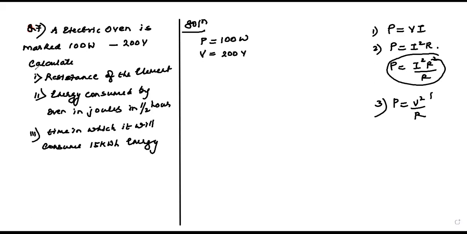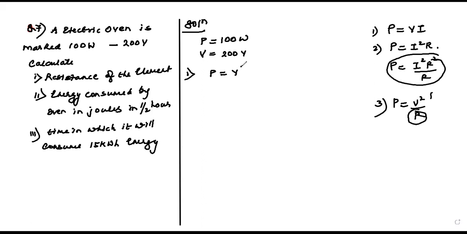The first part of the question is to calculate the resistance of the element. Where does R come in? See, it comes in the last formula. There are three formulas: P is equal to VI, P is equal to I square R, P is equal to V square upon R. Where does R come in? I want resistance, so naturally R comes here. Got it? So I'll use that formula.